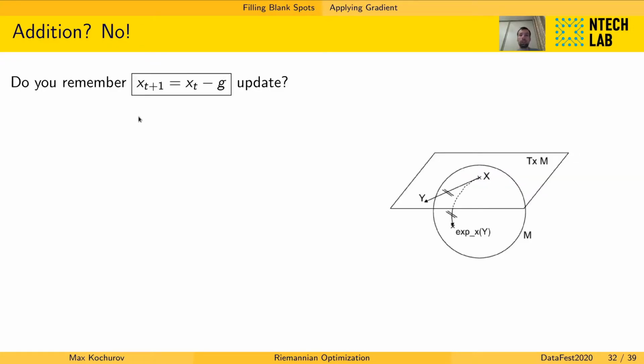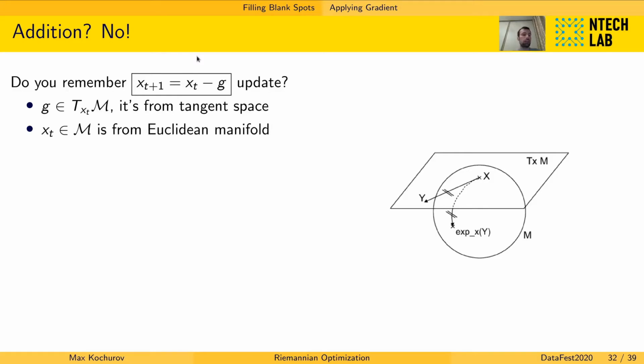The next important step, the basic one, is the update. So how do we compute the x t plus 1 out of x t and the gradient? If we are on a Euclidean manifold, we use subtraction and don't really care. But g is from the tangent space of x t. x t belongs to the manifold.